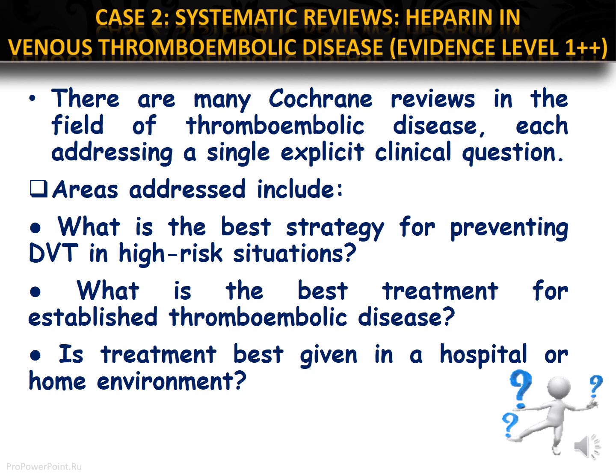I demonstrate 3 main clinical questions: what is the best strategy for preventing this condition, venous thromboembolic disease, in high-risk situations? Then, what is the best treatment for this condition, and is the treatment best given in a hospital or at home?